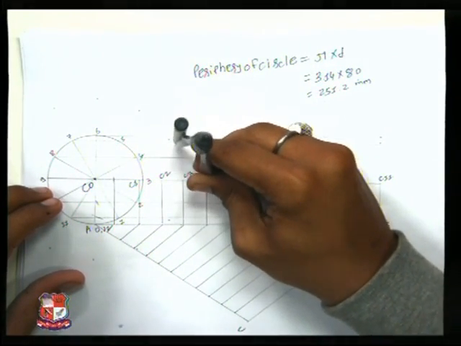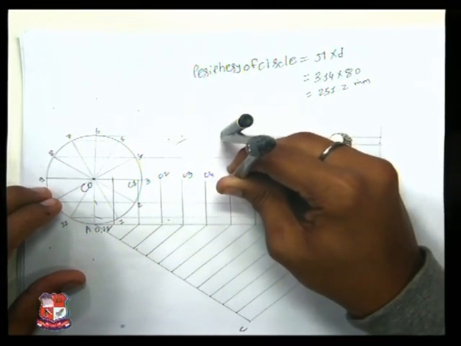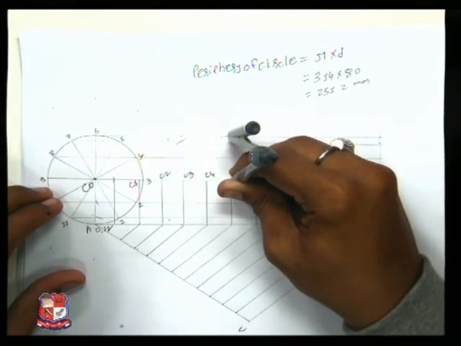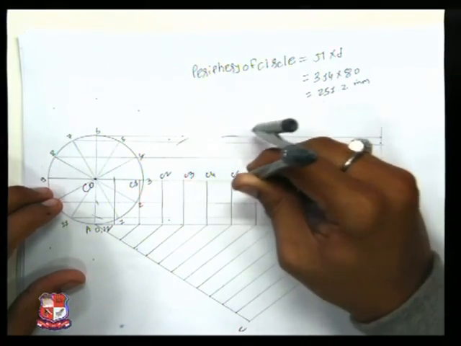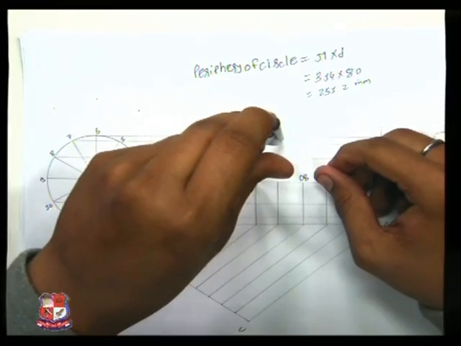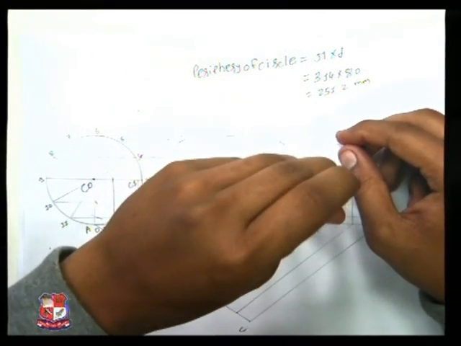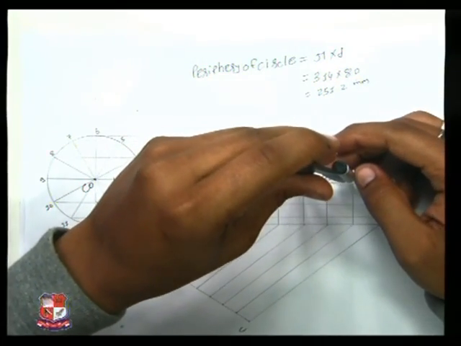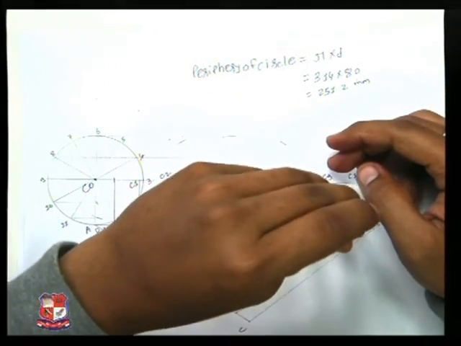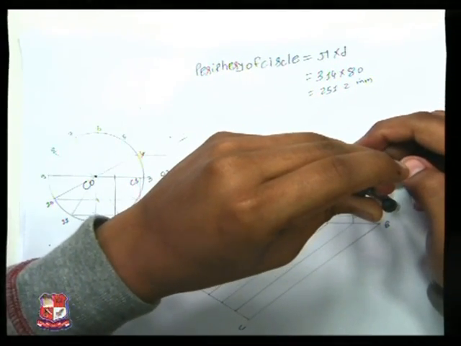C5 as center. When you come to C6, the arc would be exactly tangent. Again go down. C7, and as the name suggests, each arc would be on that line only.